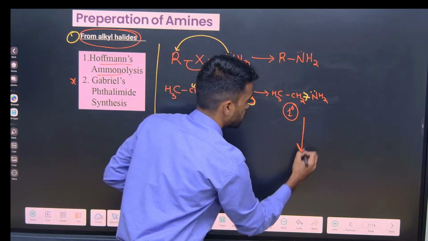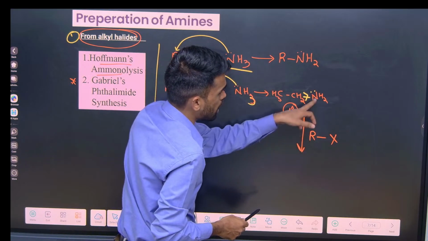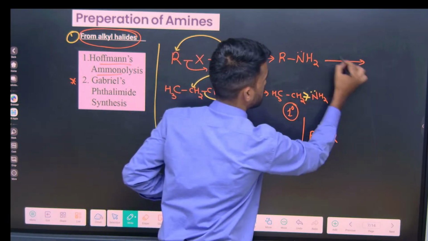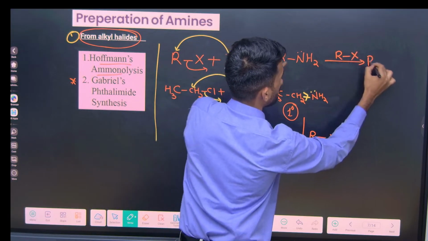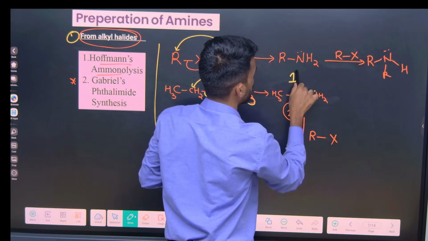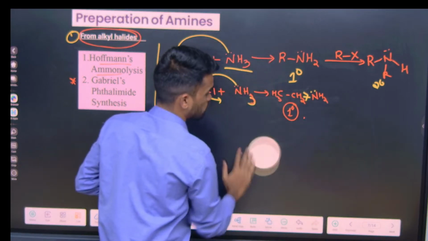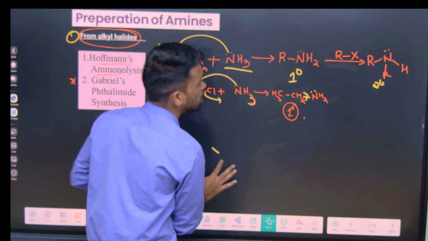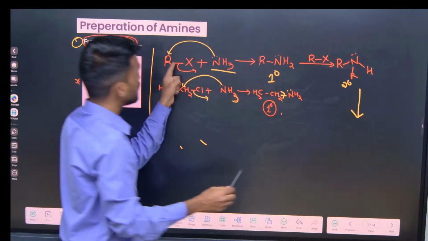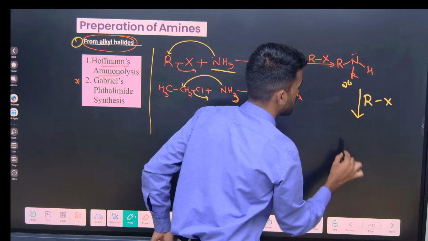So one more R group will be attaching on this nitrogen, and it becomes R, N, R with H. So first we get a primary amine, second we get a secondary amine. Now the secondary amine will again be more nucleophilic than the primary amine and ammonia. So it reacts with the alkyl halide, the starting material, and you are going to get a tertiary amine here.